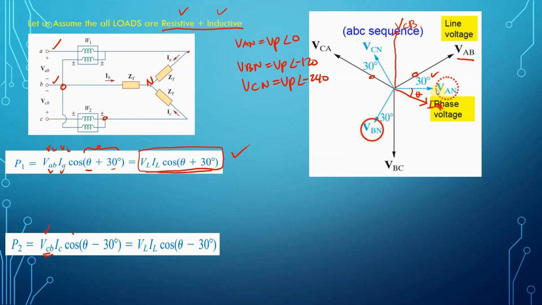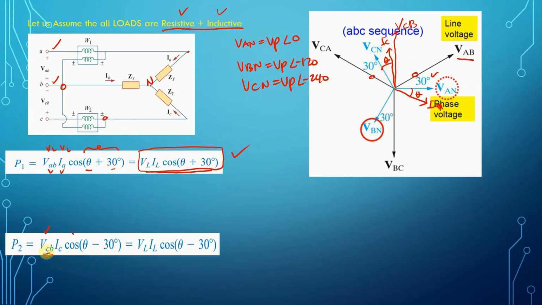And if here we projected that VAN, IA is lagging by an angle of theta, this is also our VCN. So we can put our theta here. The IC should be on this line. So IC with an angle of theta, which is also lagging VCN, right? So now, what is the phase angle between VCB and IC?